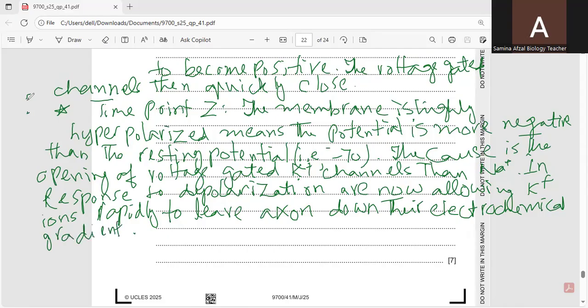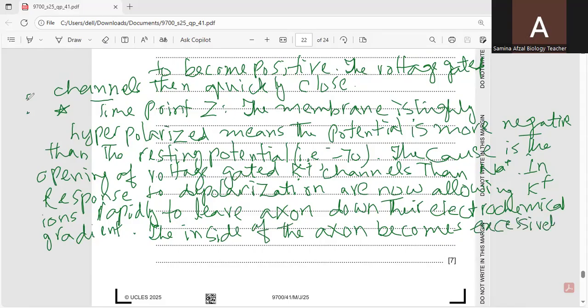Down their electrochemical gradient. So the inside of the axon becomes excessively negative. That is minus 90.